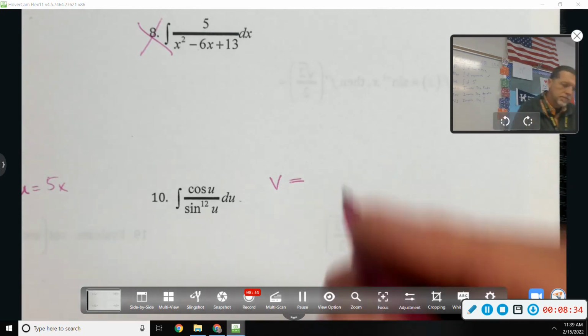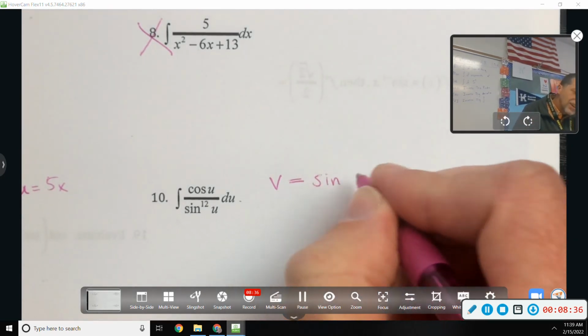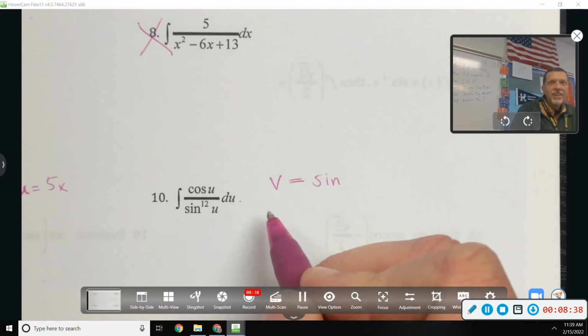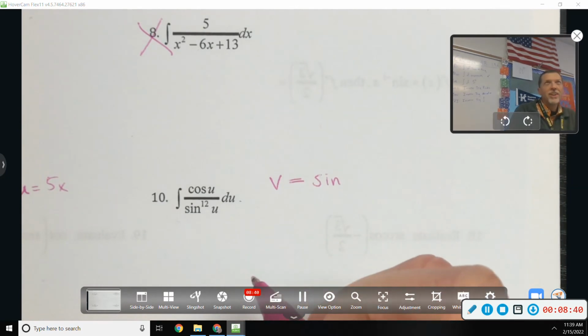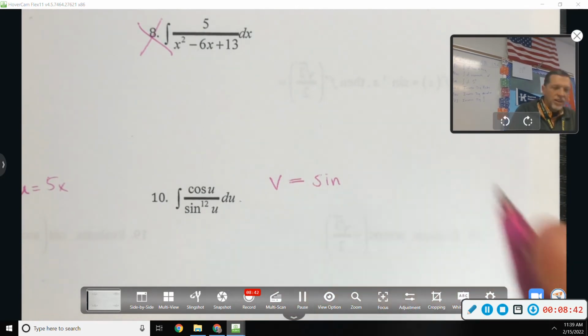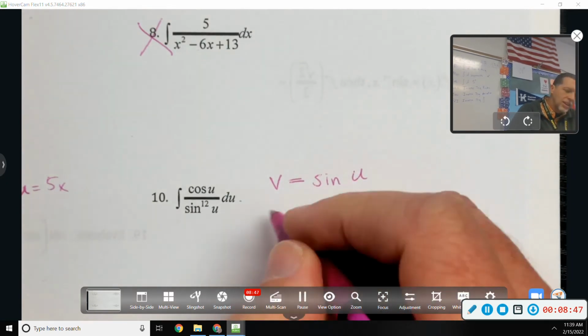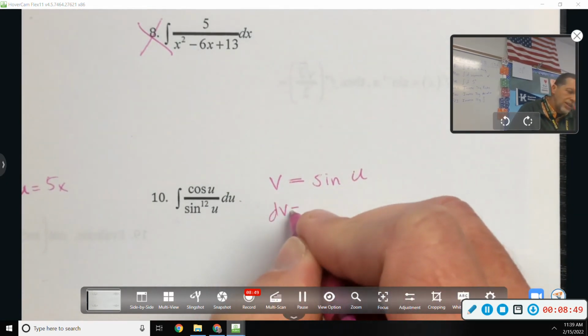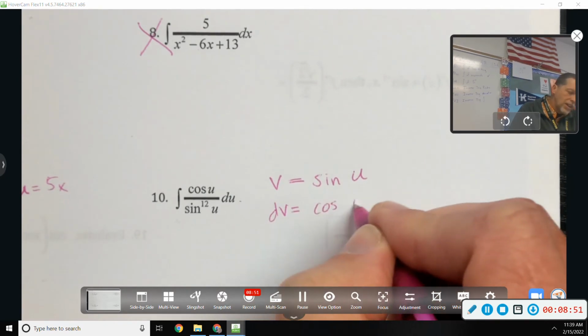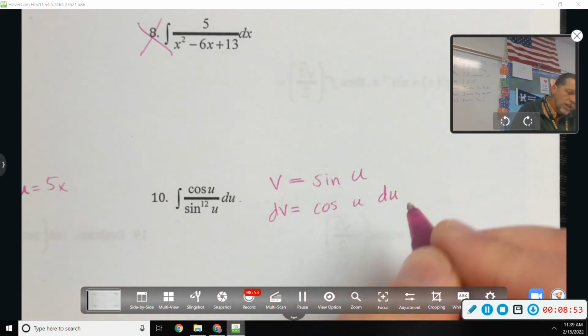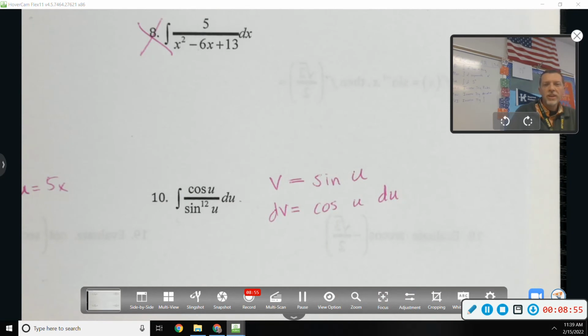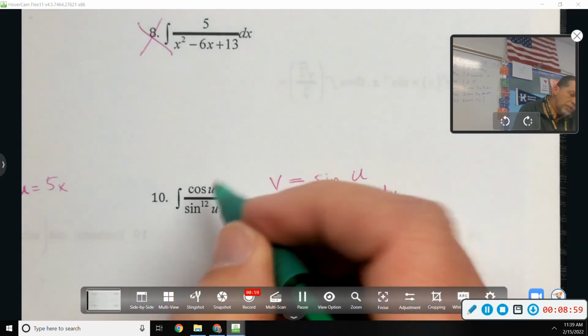Only one side of v. Yes, because if you pick sine to the 12th, then your derivative is going to be 12 sine to the 11th. Too much. So let's pick just sine of u for v, and then dv would be cosine. And that's really good news, so there's no plus or minus adjustment at all on that one.